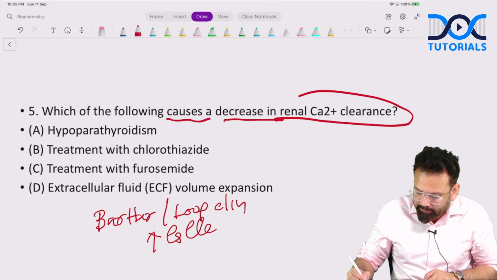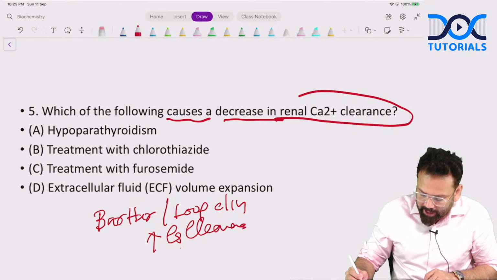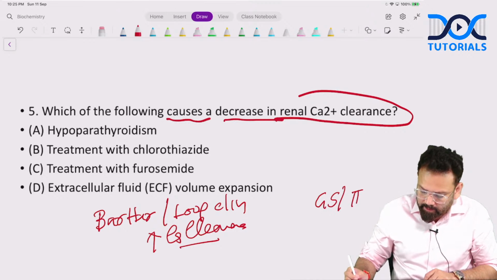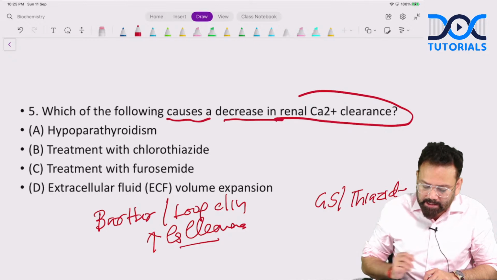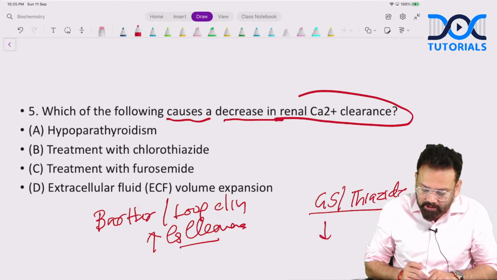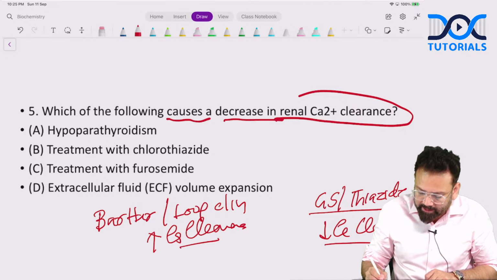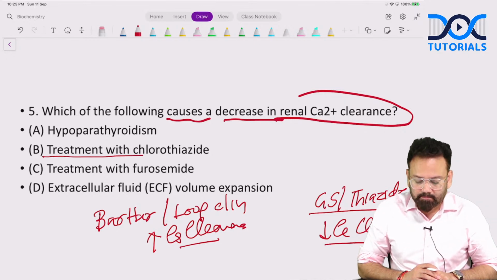But in Gitelman syndrome and with thiazide, they decrease calcium clearance and increase calcium absorption. So what is the answer? Treatment with thiazide. Furosemide will increase calcium clearance.